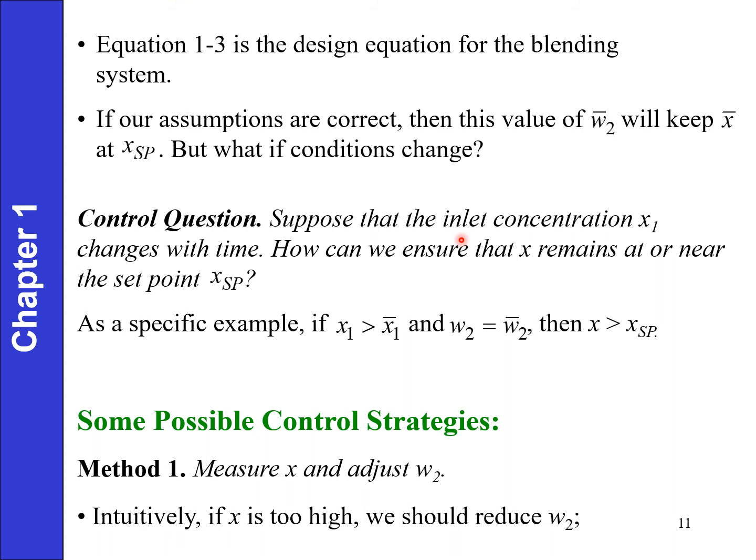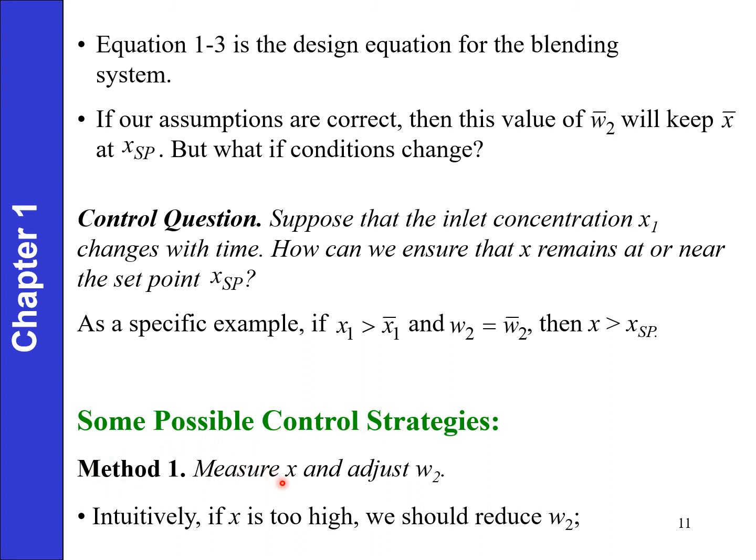The disturbance in this example is the inlet concentration. As a specific example, if X1 is greater than X1 bar and W2 is equal to W2 bar, then X will be greater than the X set point.